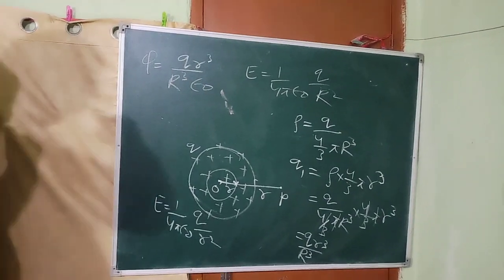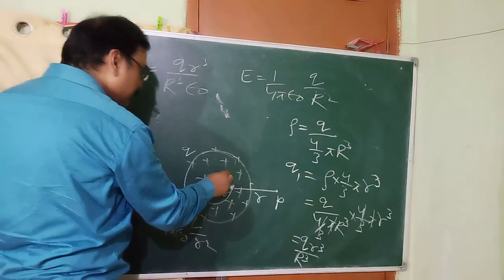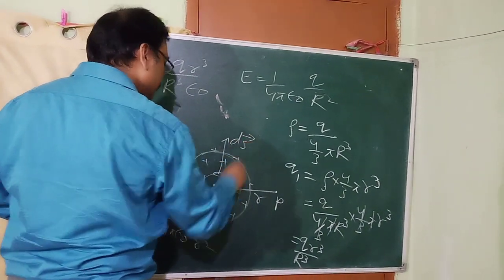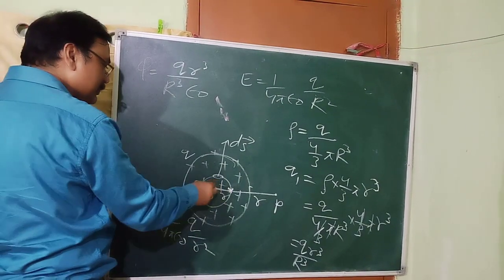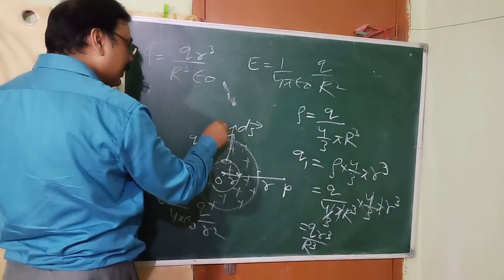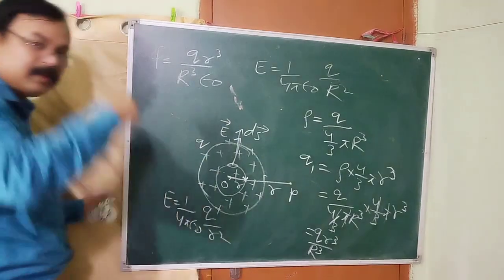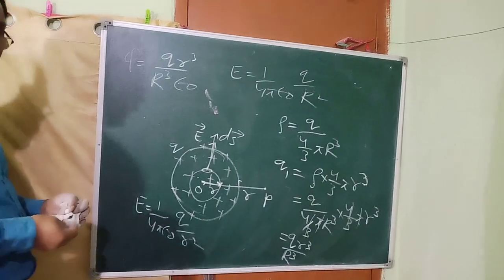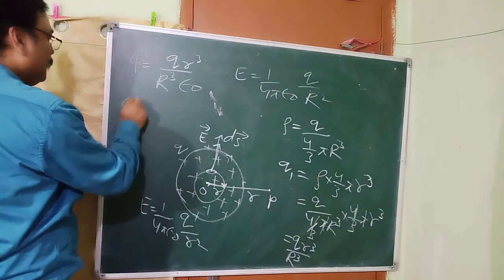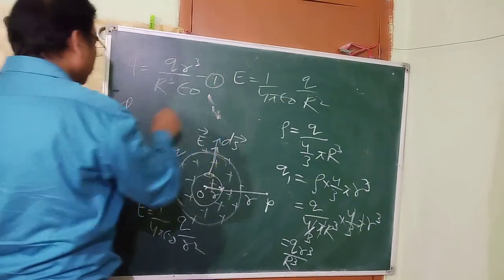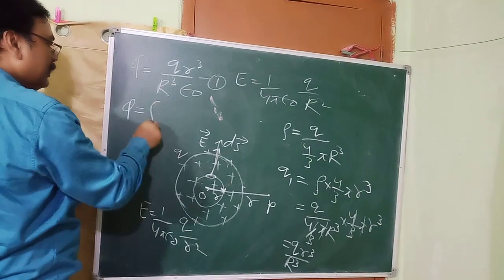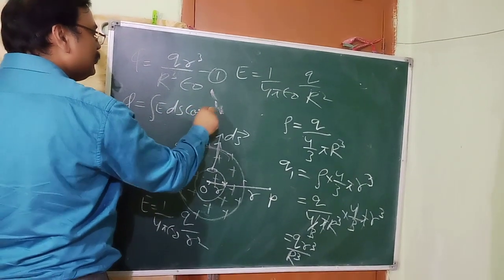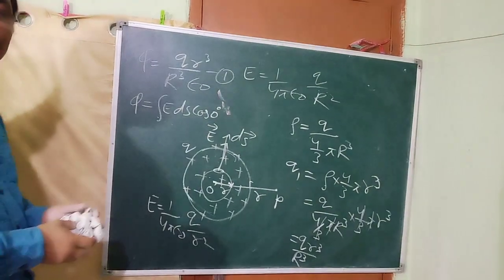Now, if you take a small area over here, ds, directed perpendicular outward, and as positive charges are there, the electric field will also be directed along the same direction. So if you use the definition of electric flux, phi is equal to E dot ds, that is E ds cos theta, that is cos 0, because the angle is 0 degree.